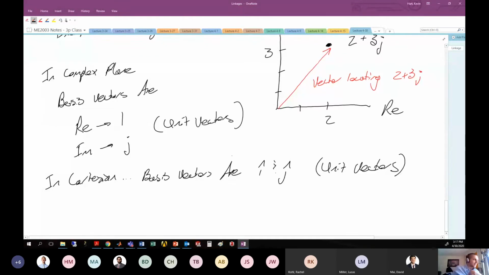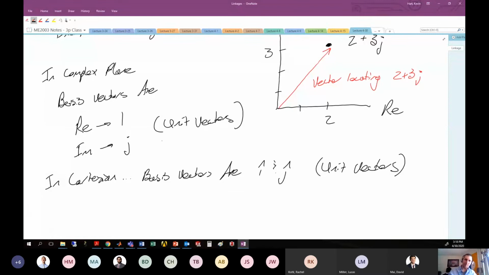All right, so the space that we could move through is the space that is 1 multiplied by any actual number in this real space, and j multiplied by any real number in the imaginary space. That's what we mean by these are the two values that make up the basis for all other vectors in that space. All right. So if you want to represent some real value, it's 1 times something.